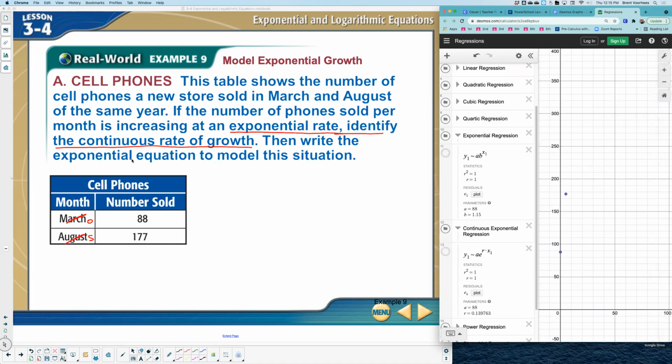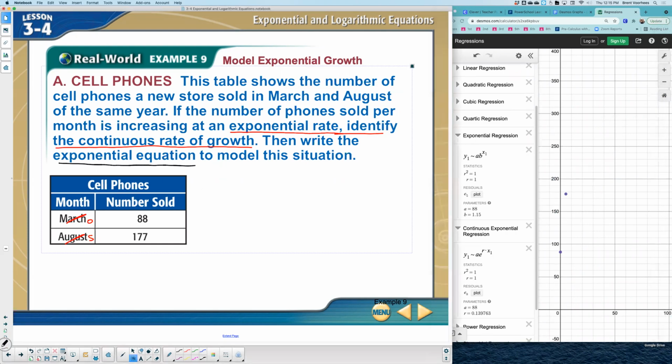If you want an exponential model, you would typically think y equals ab to the power of x, where the a, according to right here, is 88, and the b is 1.15, which would mean that the rate is actually 15%.